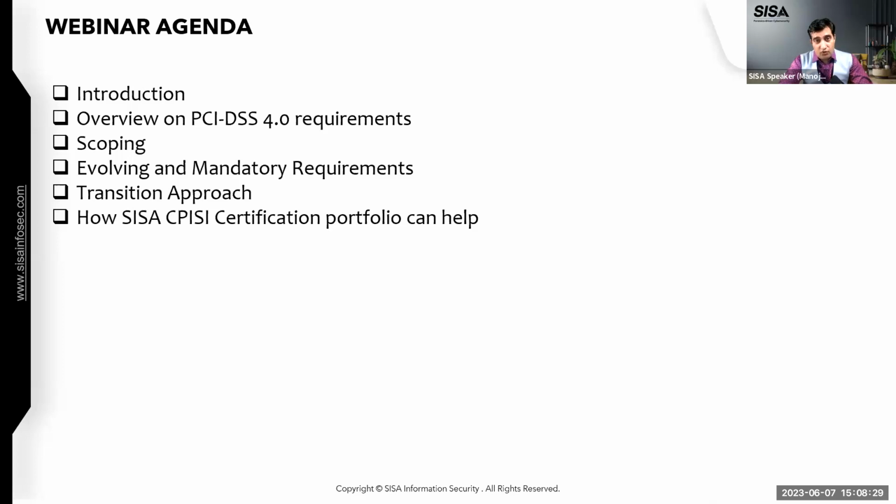There are a total of 64 new requirements, which may take a good amount of effort by organizations, so we are going to talk about those as well. And then I'm going to give you a transition approach from the CISA perspective, because we have been serving a client base of more than 2,000 customers across the globe. So we have some very good intel and experience on that, and I'm going to share all that with you.